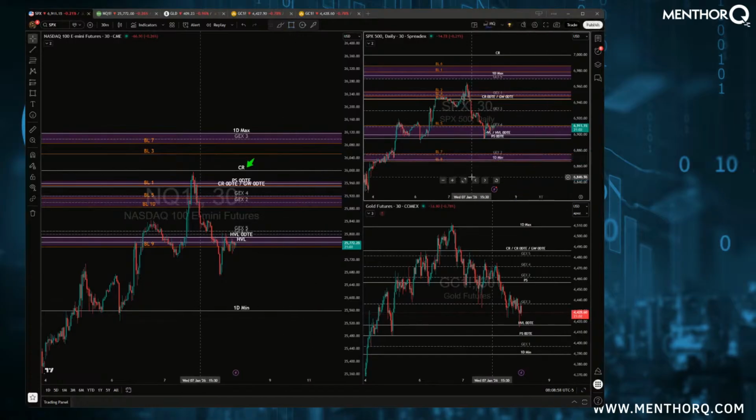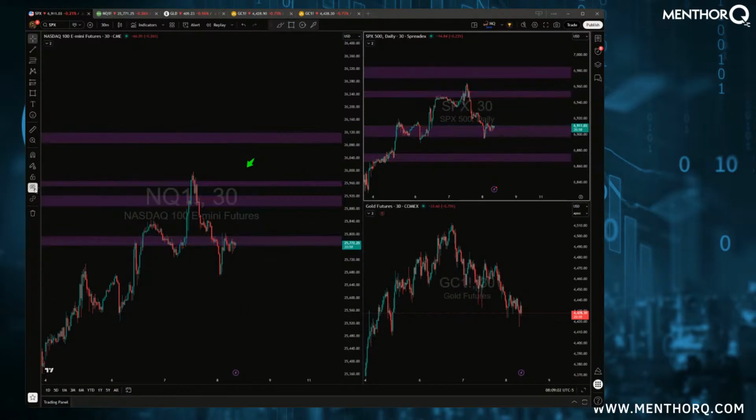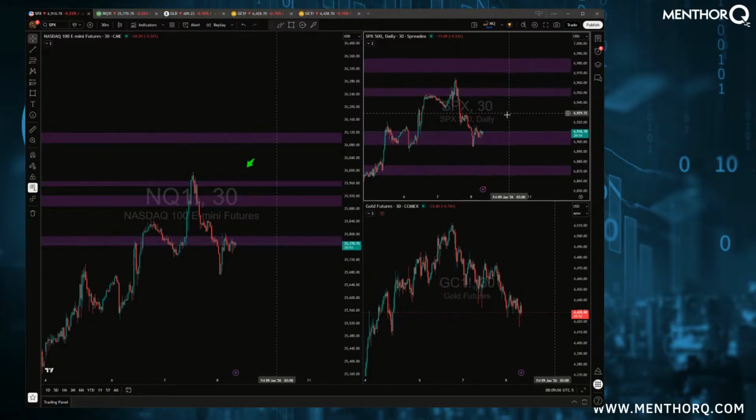And as you saw in the screenshot from yesterday, the boxes were really well respected, and we have this here again. Box to box, box to box. Really simple. Stop loss here, and then target the downside, or if you want the upside, put your stop loss here and target the upside. It really depends on the direction you want.